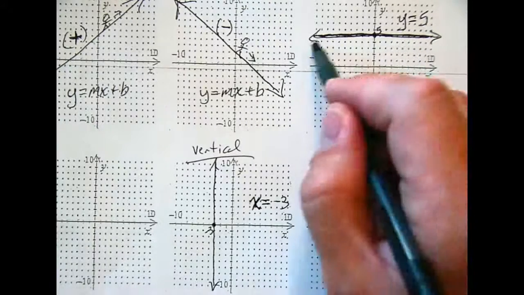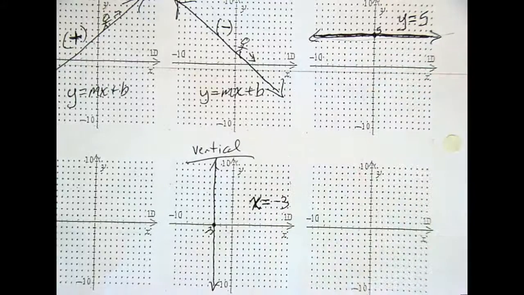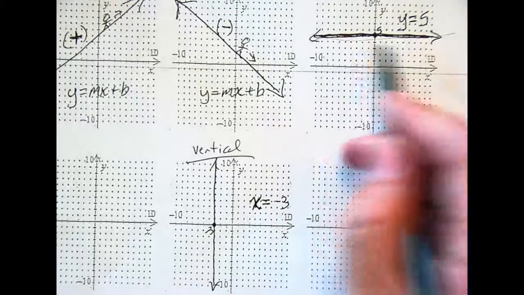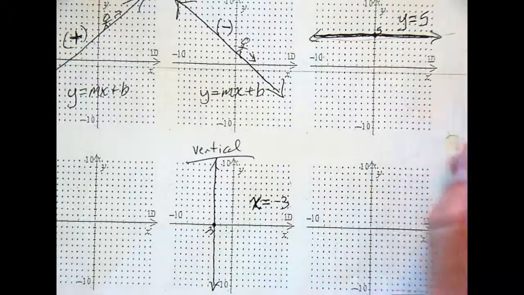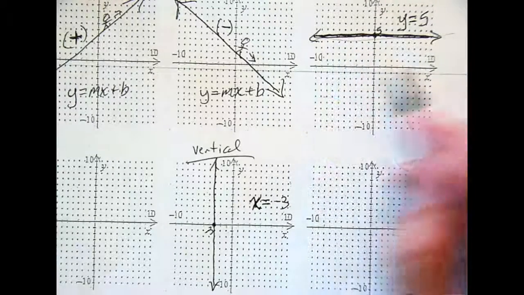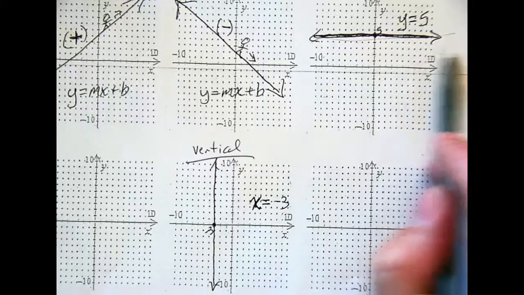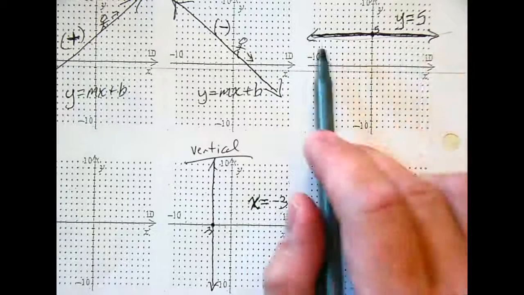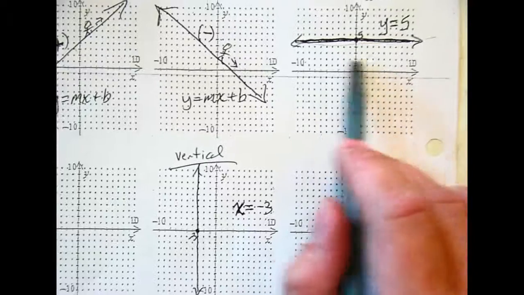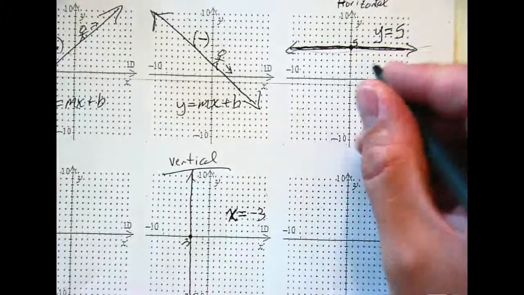What's the slope of this line? Tell your neighbor. How many say it's undefined? How many say it's 0? How many say they're not sure? This graph right here. This is a 0 slope.